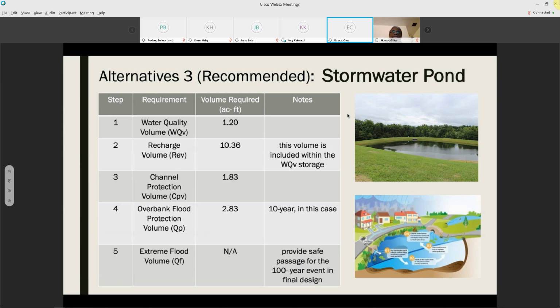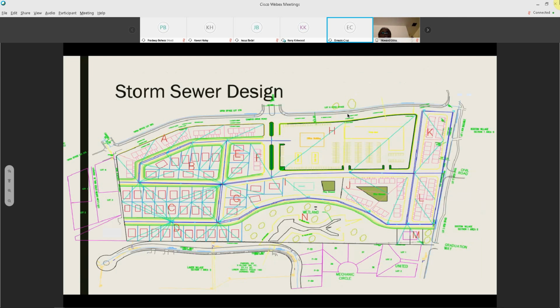We can use it in office buildings, strip malls, and schools. And this is the most common use in commercial and residential developments in order to collect and store stormwater runoff. The design of the stormwater pond will help with the restoration of natural habitats. And next, we have the design of storm sewer pipes, in which I will pass it to my colleague Kerry.